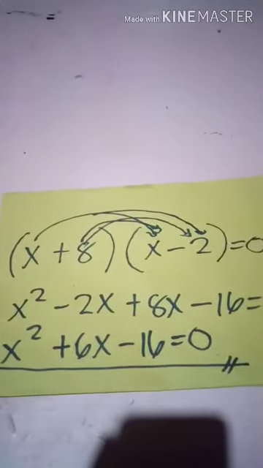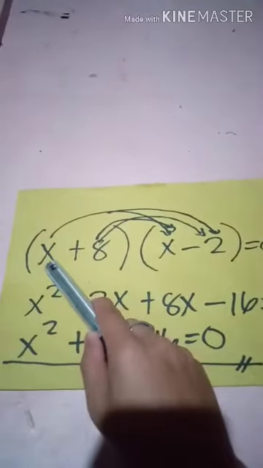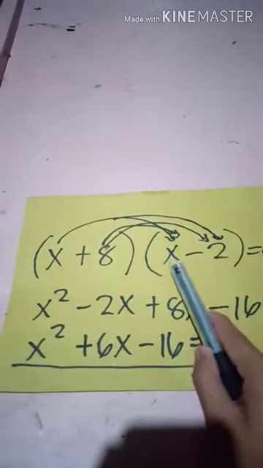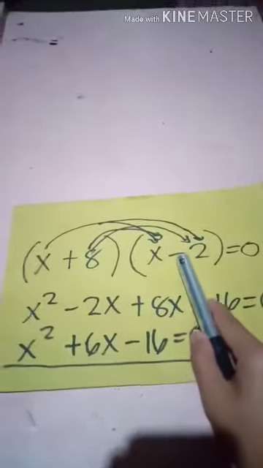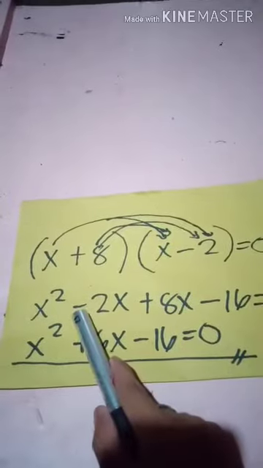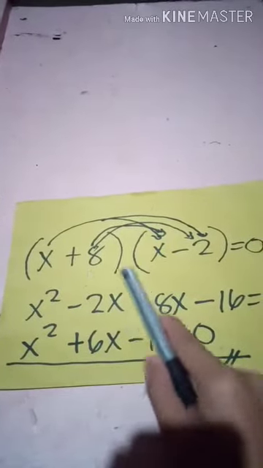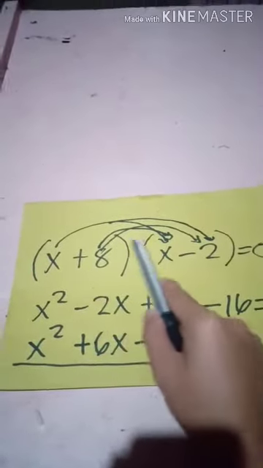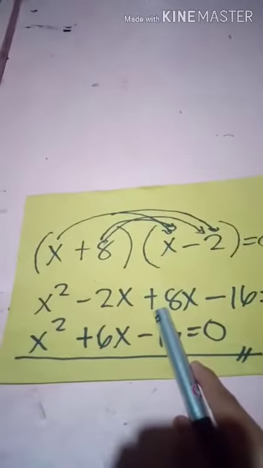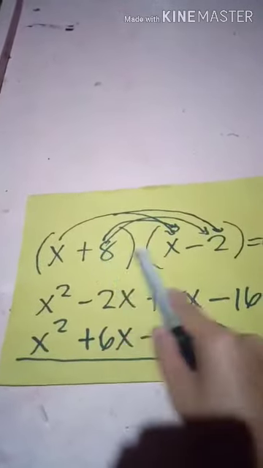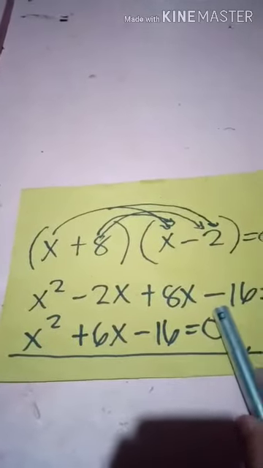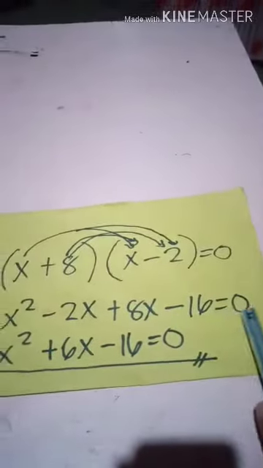Mao na guys. So now, so x times x is x squared. Nya x times negative 2 is negative 2x. Positive 8 times x is positive 8x. Nya positive 8 times negative 2 is negative 16 equals to 0.